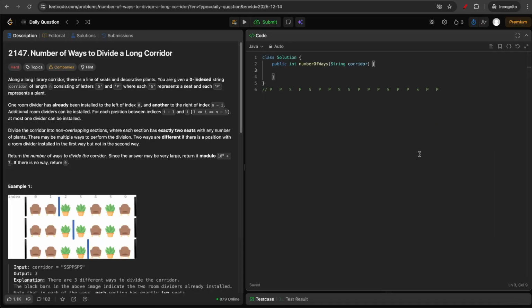Now let's code the approach. So let's take a few variables. First will be used to count the seats, initially 0, and one variable to count the plants, and one more variable to count the total number of seats. And let's start iterating on the string.